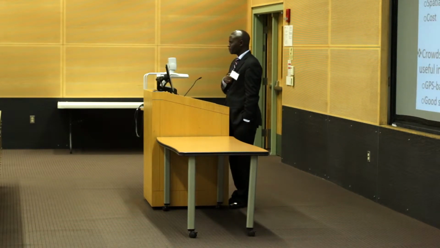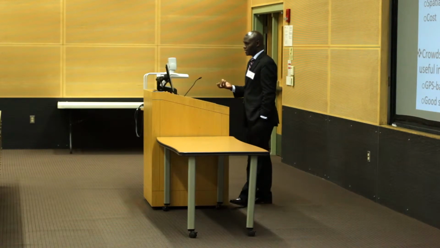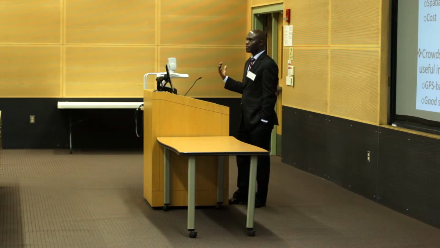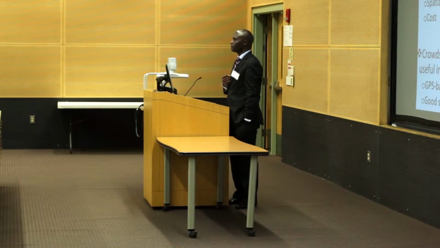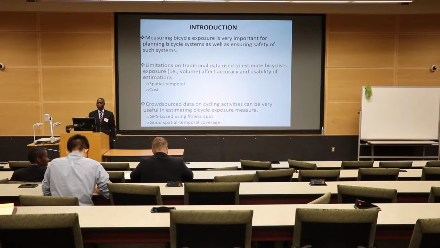And as I said, there are different ways of obtaining data that you can use to develop methods or models that you can use to estimate the number of bicyclists in your area. But the traditional methods are challenging. First of all, it's high cost to use those methods to collect information about how many bicyclists you have in your area.